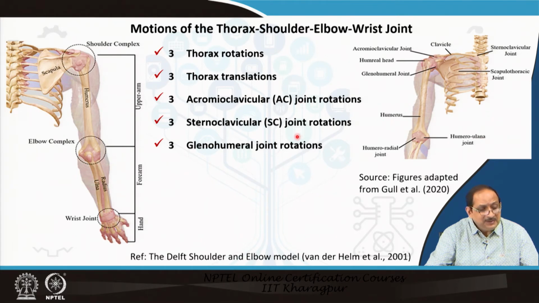Each of these joints is a spherical joint, and therefore, each joint offers us 3 rotational degrees of freedom.